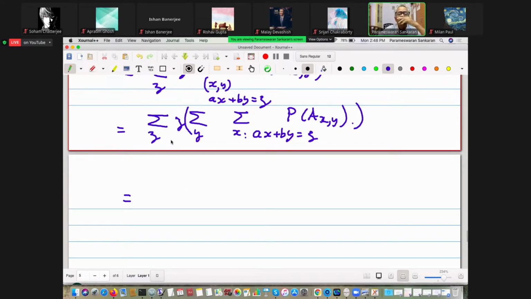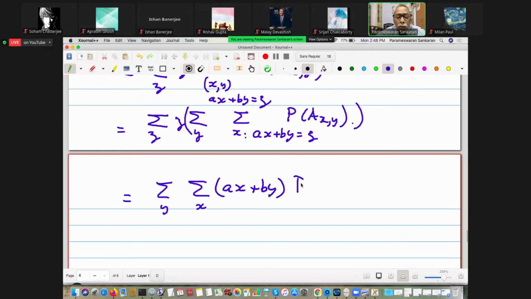So I'm going to rewrite this as: first the summation over y, summation over x, and then summation over z, okay, but z is ax plus by, times P of A_{x,y}, right, like this.